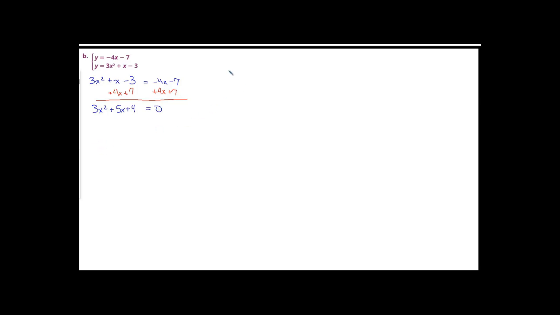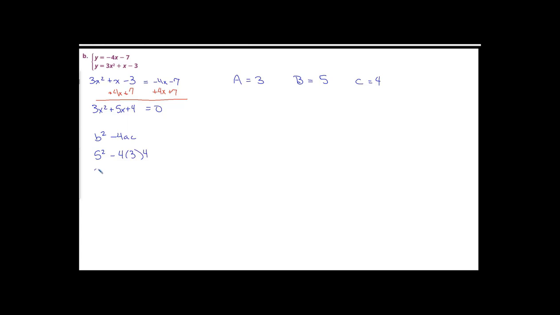Now we need to find our a, b, c, so we can plug it into the quadratic formula. Our a is 3, our b is 5, and our c is 4. So we're going to plug it into the b squared minus 4ac first. And so 5 squared minus 4 times 3 times 4.